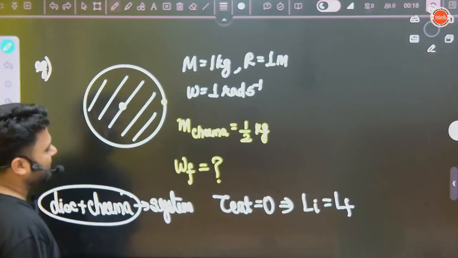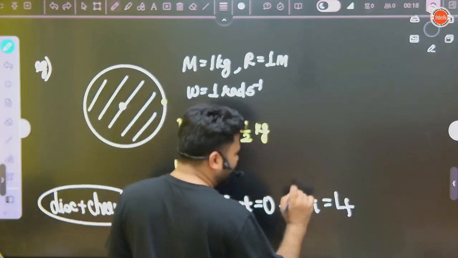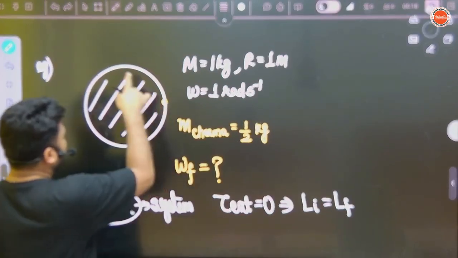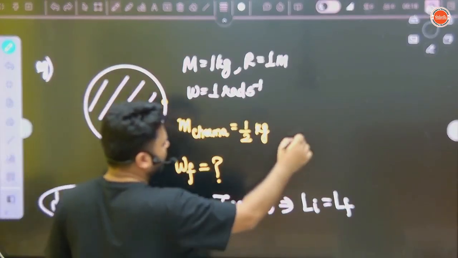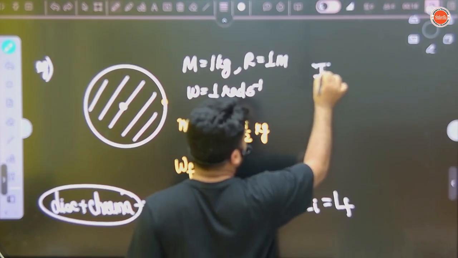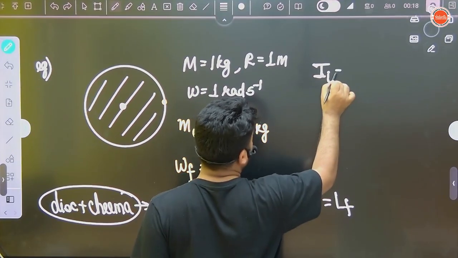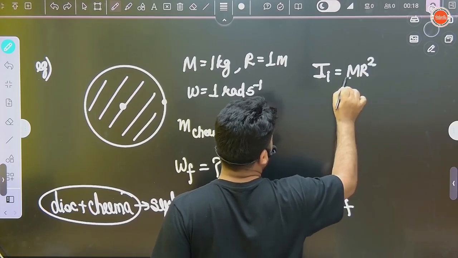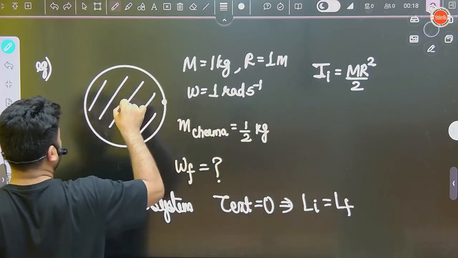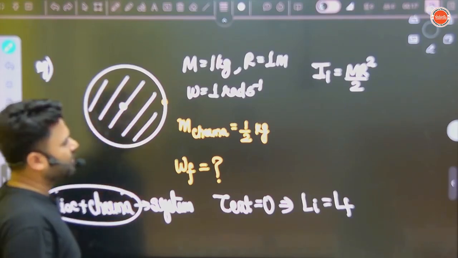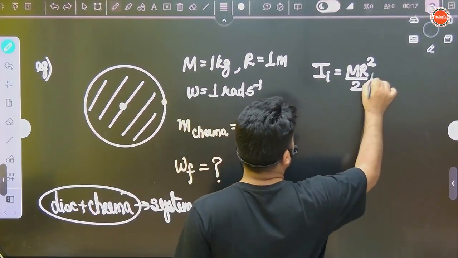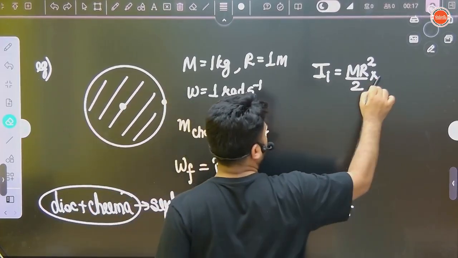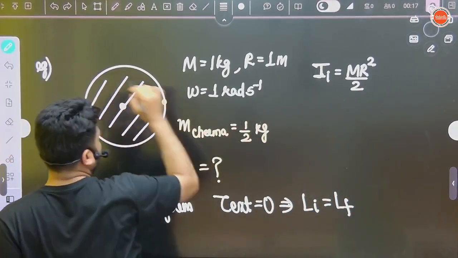Initially, angular momentum is I omega. What was I initially, when there was no chima? So only the CD was there. What is the moment of inertia of the CD? mr square by 2. This is the moment of inertia of the CD about the Z axis, into omega.